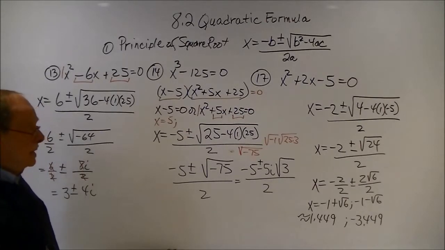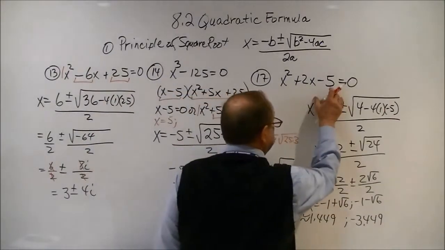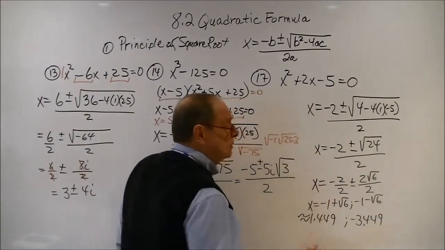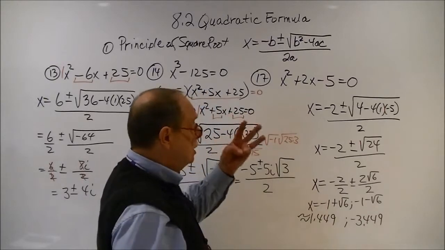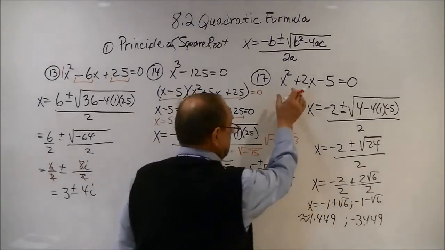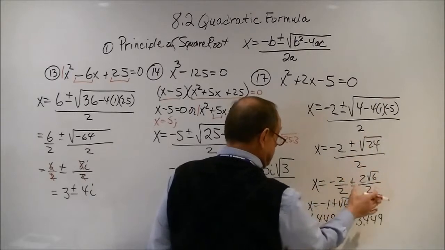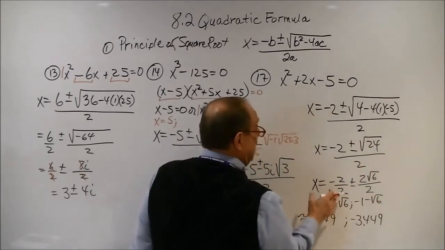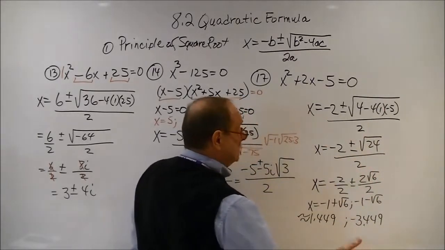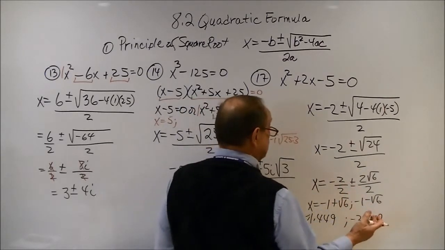For number 17, they wanted us to use a calculator to approximate the two answers to 3 decimal places. So I put it into the quadratic equation, solved it, and I don't need to go through all the steps with you. This is something you'll have to work on, and you need to try to get them right.